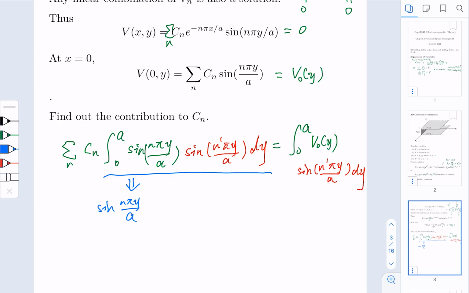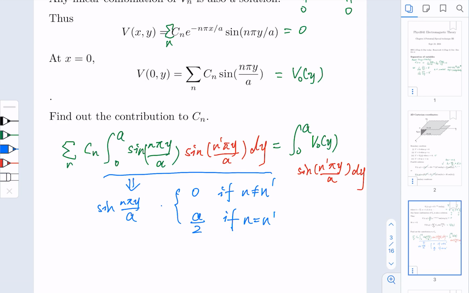And the sine n pi y has a very special property that if you do this integral, it is simply 0 if n is not equal to n prime, and this integral is a over 2 if n equals n prime.